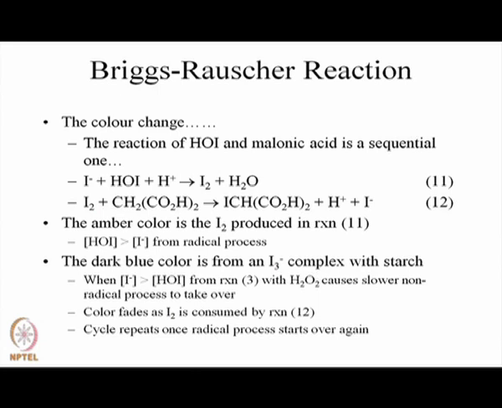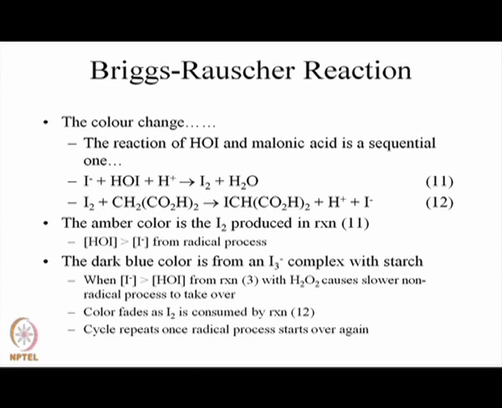In presence of starch, this dark blue color is diminished. So, depending on the concentration of I minus and on how much iodine is produced, the color will switch from amber to dark blue and again from dark blue to amber.